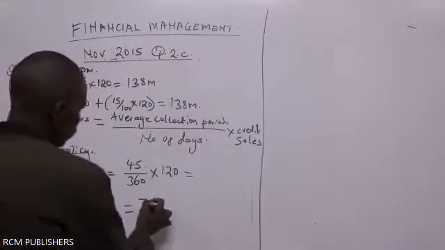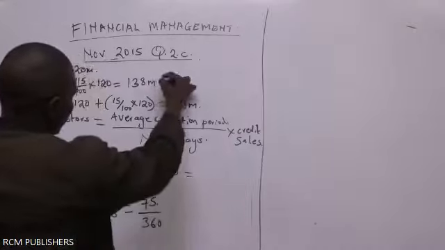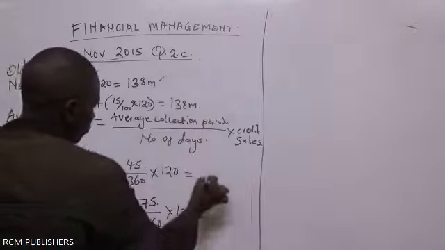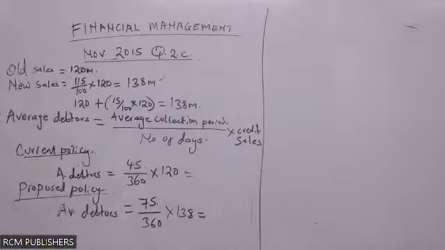So they are going to increase it to 75, over 360, and you have given me the credit sales as 138. So let's get this one, the current period, and this other one.